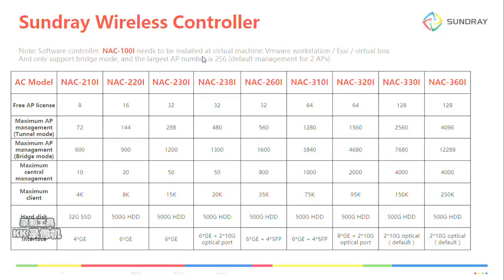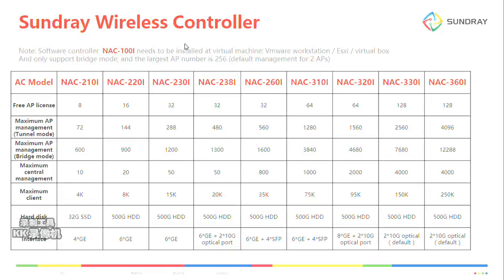This controller can be deployed on virtual platforms like Workstation, ESXi platforms or VirtualBox. And for the virtual controller, we can add more computing resources, like CPU and RAM, for the virtual machine. So at maximum we support 10,000 access points for the virtual controllers.